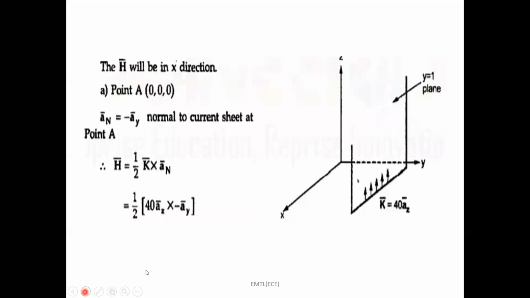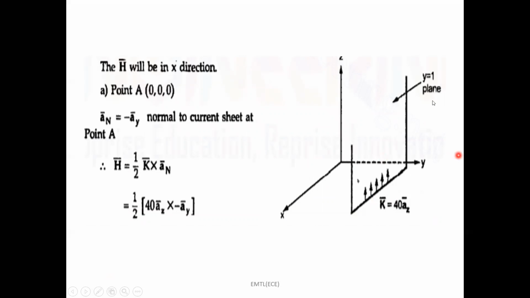Now the next problem is: the plane y is equal to 1 carries a current density, that is K bar is equal to 40 ampere per meter. Find H at A (0, 0, 0) and B (1, 5, minus 2). Before discussing this problem, first we have to discuss the diagram.